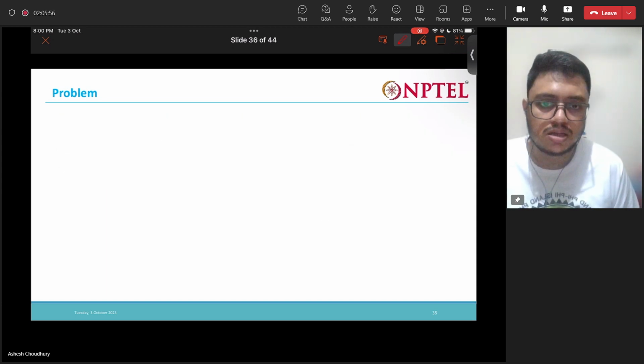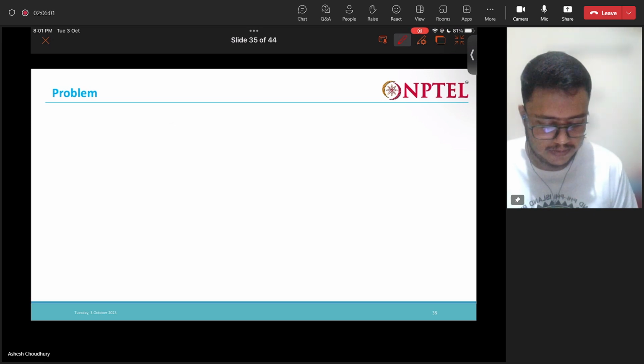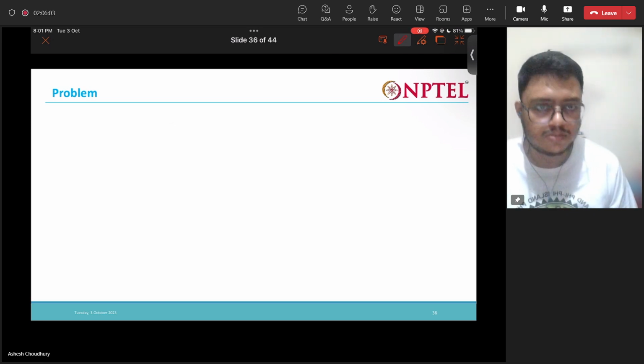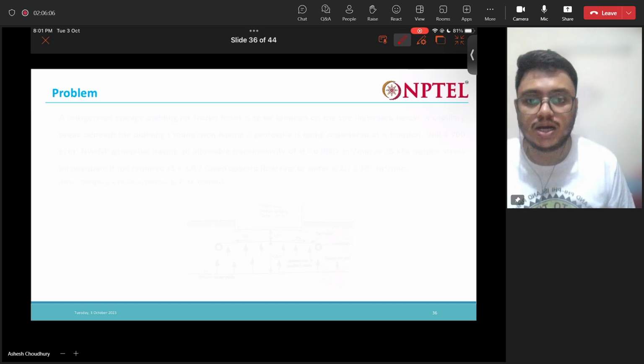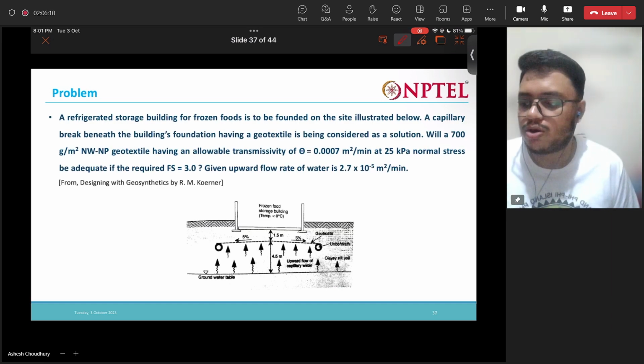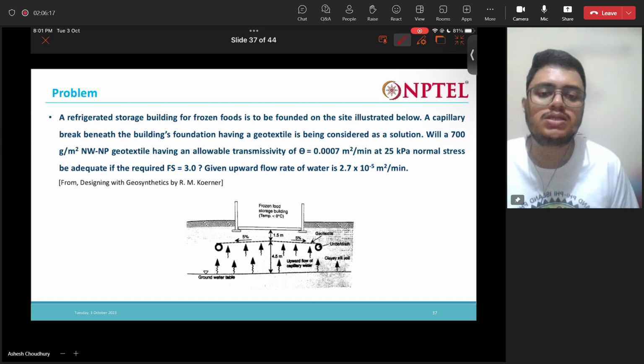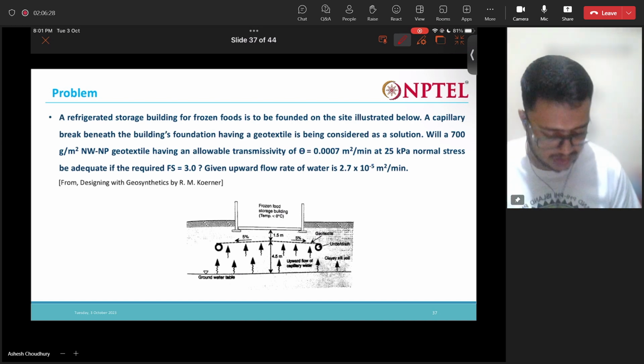Will a 700 gram per meter square non-woven needle punched geotextile having an allowable transmissivity of 0.0007 meter square per minute at 25 kPa normal stress be adequate if the required factor of safety is 3? Given upward flow rate is 2.7 into 10 to the power minus 5 meter square per minute. So upward flow rate is given to us.